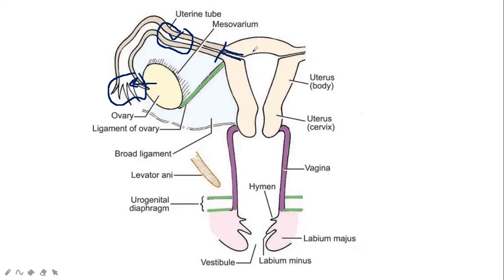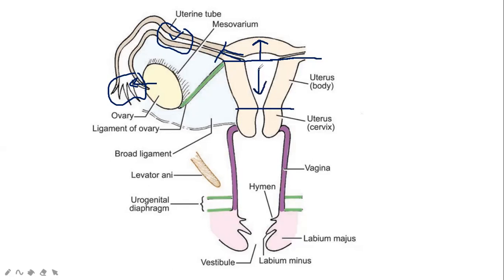So the uterus is then divided into a fundus. If I draw a line at the openings of the fallopian tubes, whatever is superior to that is the fundus. From there to the level of the internal os, that is the body.